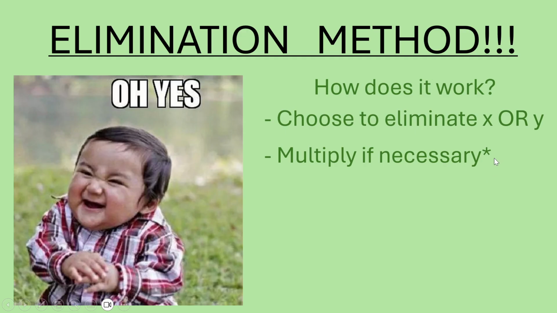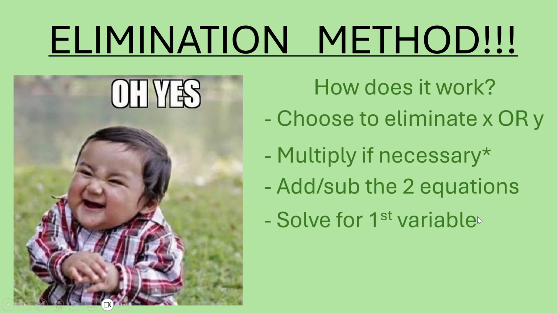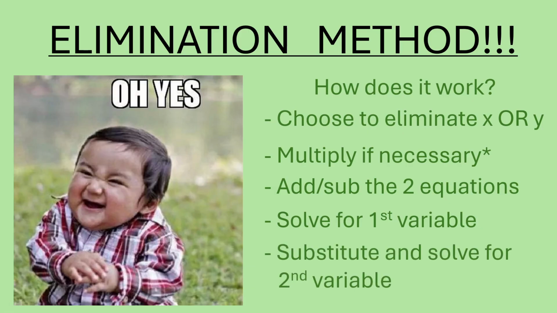This is going to come in handy when we start looking at level 2 and level 3 problems, but in level 1, you won't have to do any multiplying. Okay, so you will add or subtract the two equations, and then you're going to solve for the first variable. And once you solve for that first variable, then you're going to substitute it and solve for the second variable.